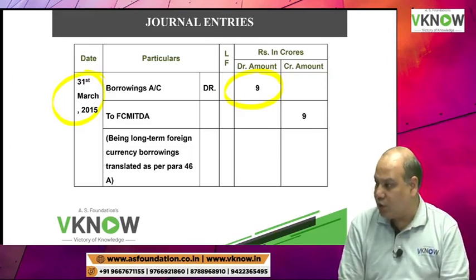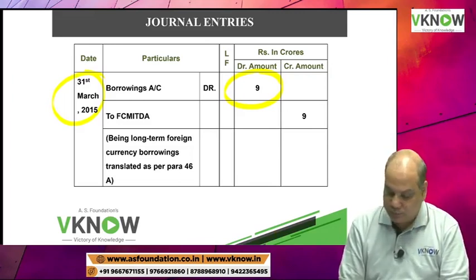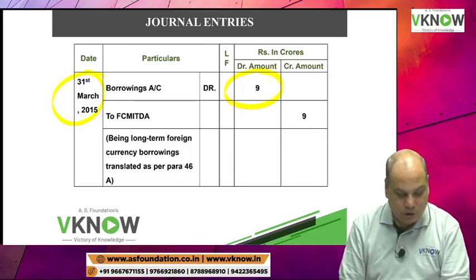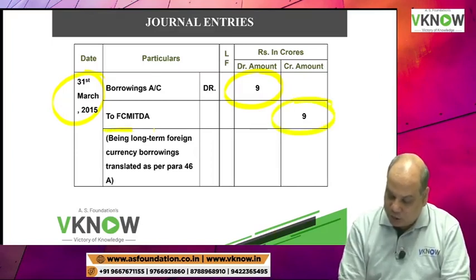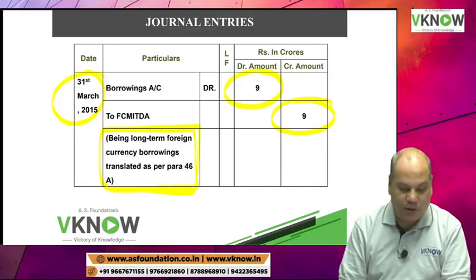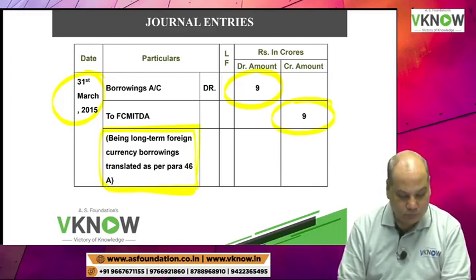Borrowing account debit to FCMI TDA account 9. Narration homework. 2 lines blank.